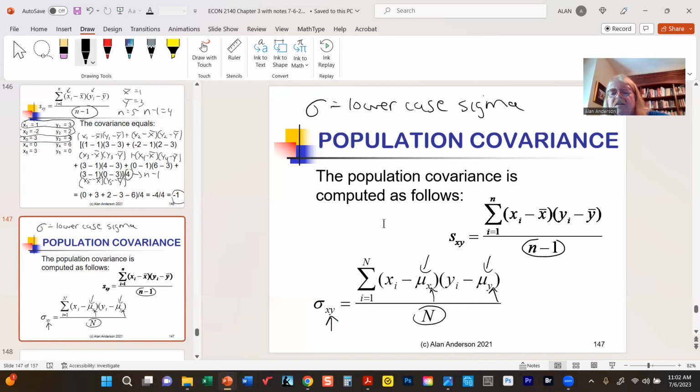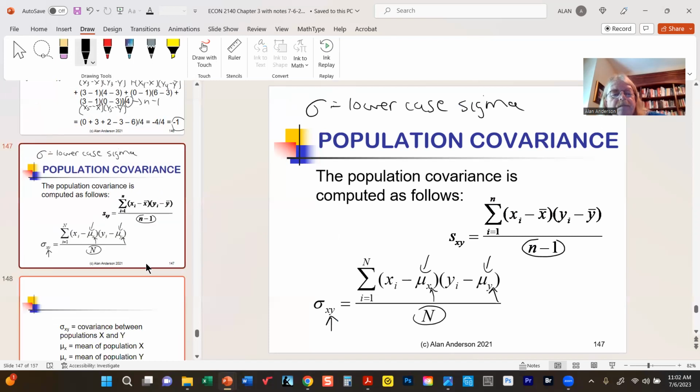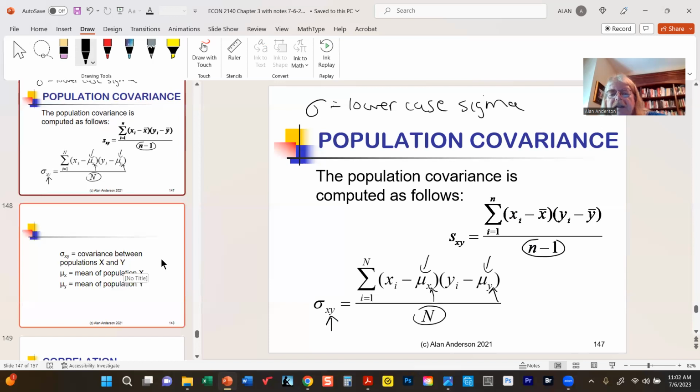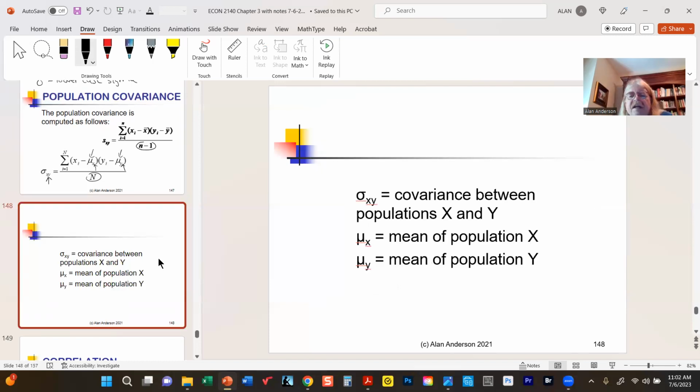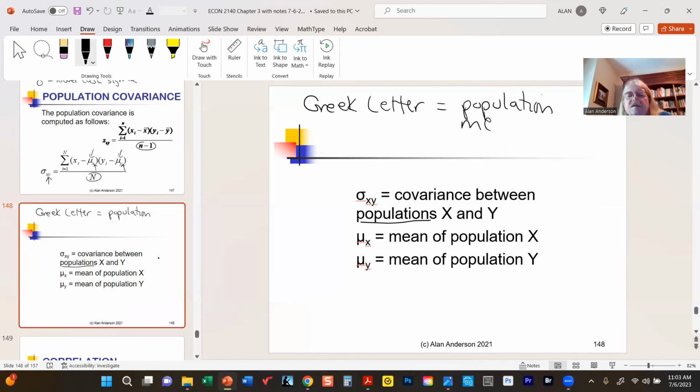Well, once again, since we have 2 populations in this case, we have to have some way of telling them apart. So you can see right here on the next slide, it explains sigma xy is the covariance between the 2 populations. And by the way, don't forget, the rule of thumb is that the Greek letters represent populations or population measures, and our Roman alphabet letters are used to represent sample measures.